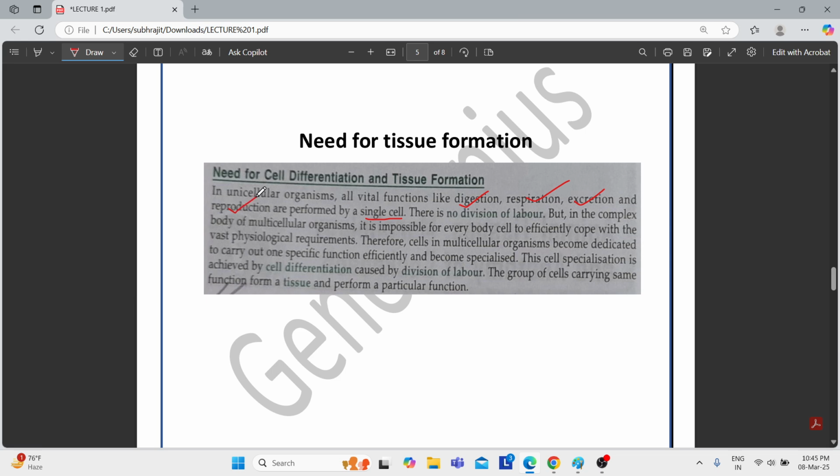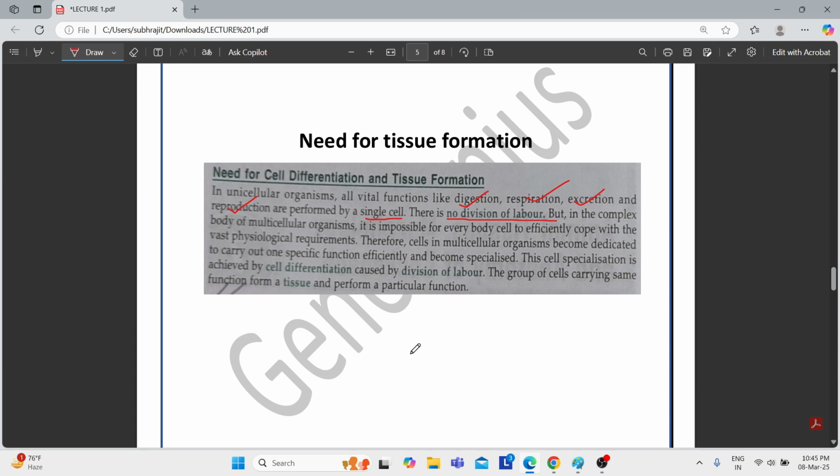But in a multicellular organism like us, like human beings, it's not possible for a single cell to do this. There is a term, as you can see, division of labor. Division of labor is nothing but a work or function being divided.